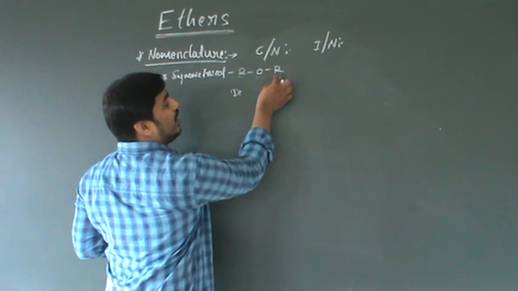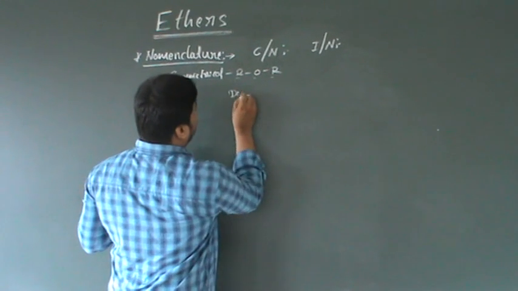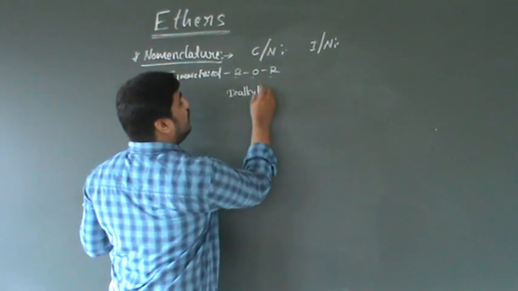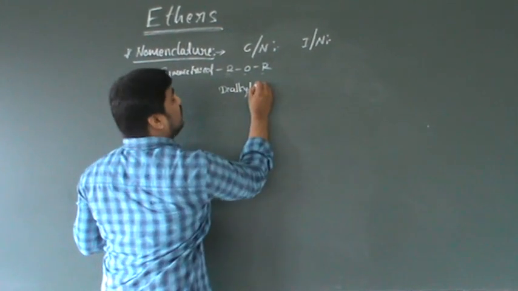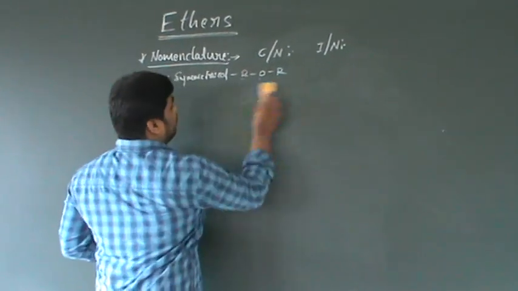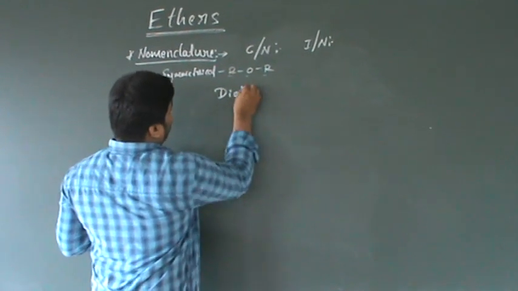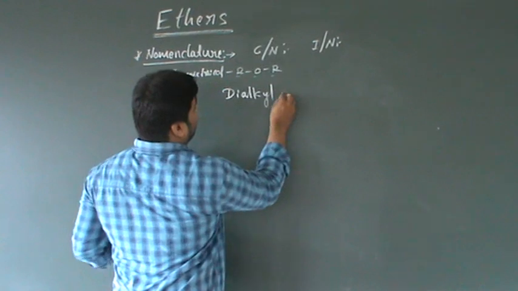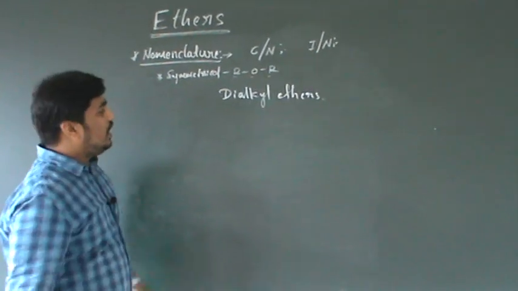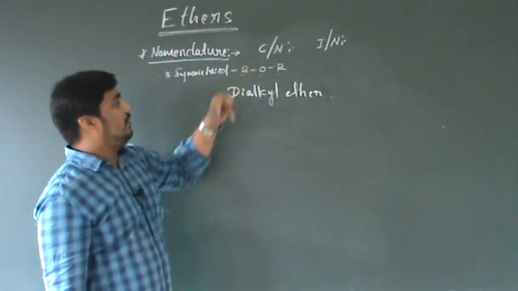Based on what type of alkyl group is attached, di-alkyl, and these compounds are ethers. Di-alkyl ether is the common or general way of naming the ether.